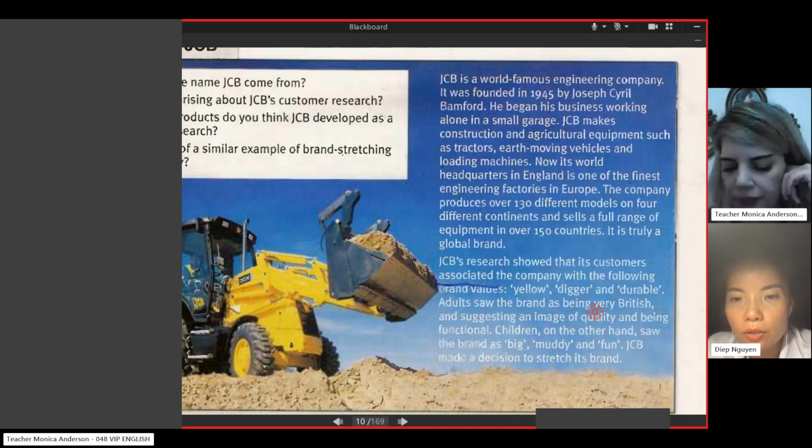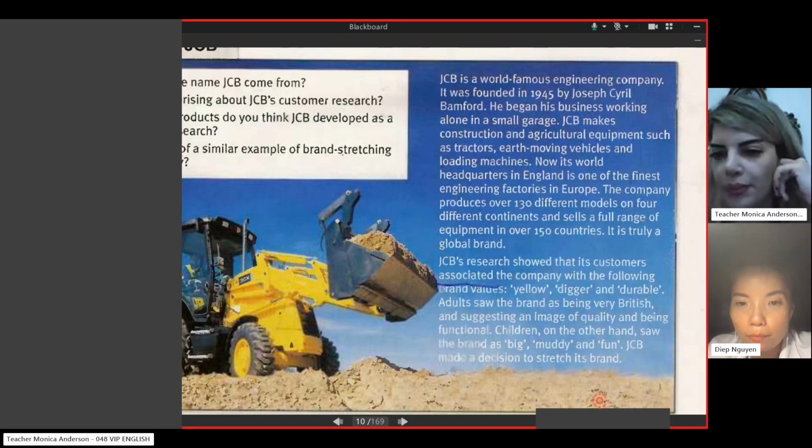Adults saw the brand as being very British and suggesting an image of quality and being functional. Children, on the other hand, saw the brand as big, muddy, and fun. JCB made a decision to stretch its brand.